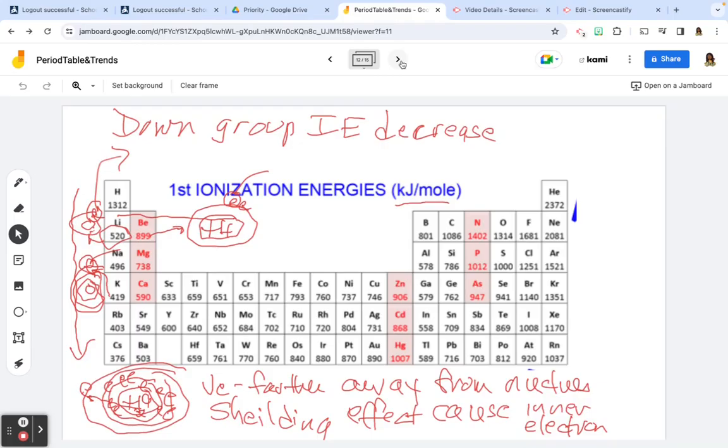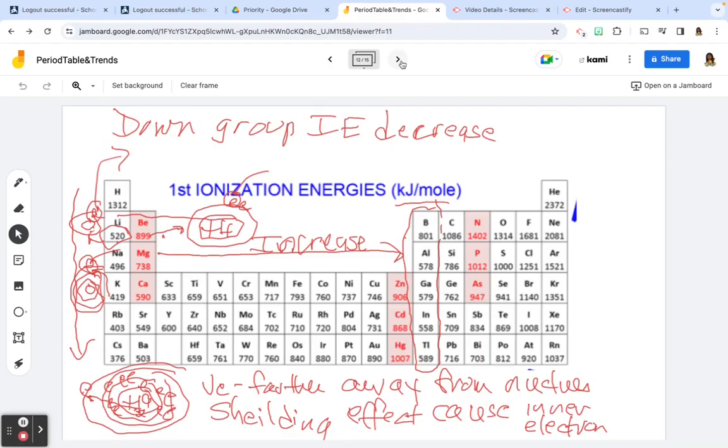So the trend of ionization energy as you go across a period generally increases. But if you notice here, the general trend takes a little dip. So we have 520 for lithium, 899 for beryllium. Boron goes to 801, and then carbon goes up, nitrogen goes up, and oxygen goes up.